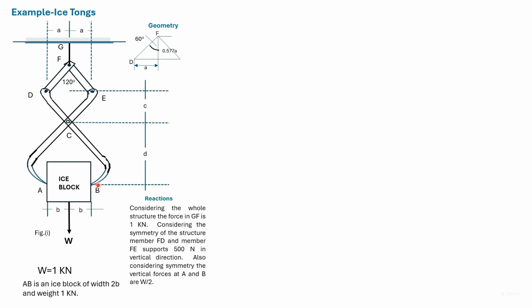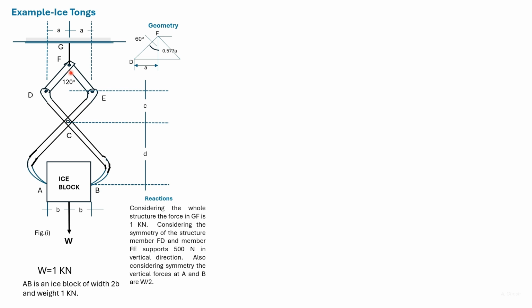Here we have an example of an ice tongue that holds an ice block which has a weight of 1000 Newton. To start with, we see that the force Fg will be 1000 Newton and the vertical force acting at P and A will be 500 Newton each. The ice tongue is symmetrical.